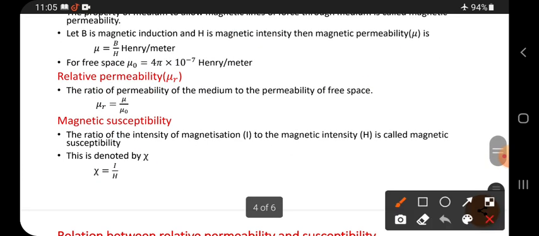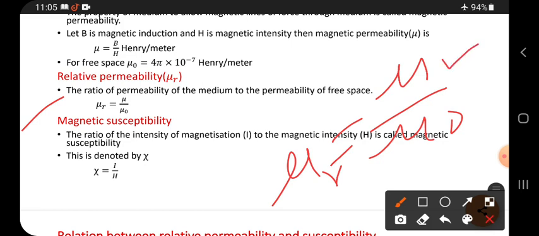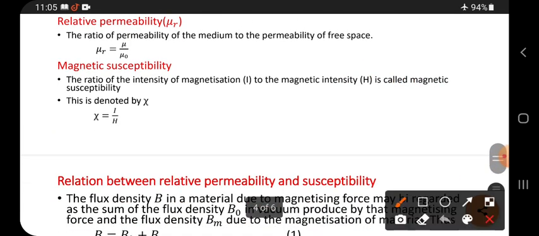Relative permeability. What is relative permeability? It is the ratio of the permeability of the medium to the permeability of free space. Next, magnetic susceptibility.